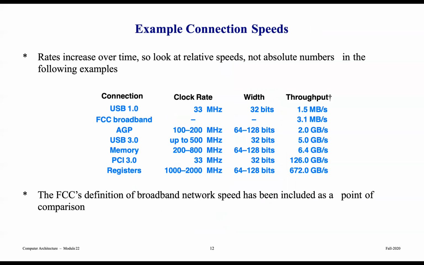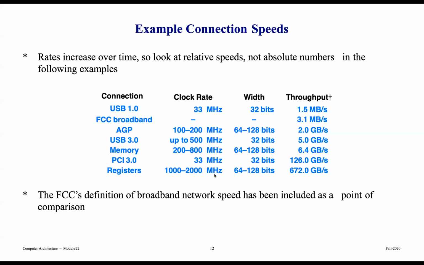There's all kinds of moving targets in terms of the connecting speed of various devices. Just to give you a perspective, here we have USB 1.0 versus USB 3.0, which is now becoming more or less a fairly current standard. And there's other things that are intermixed here.